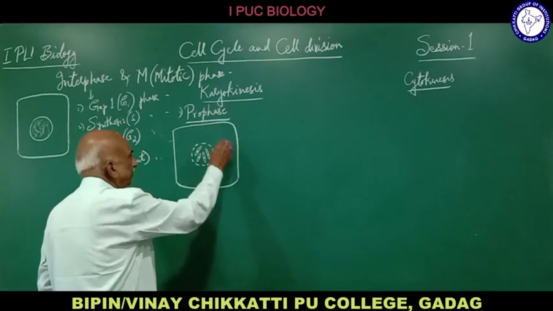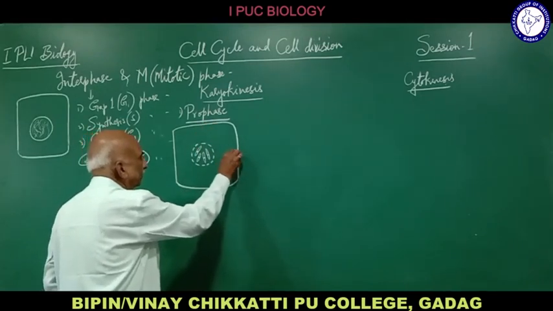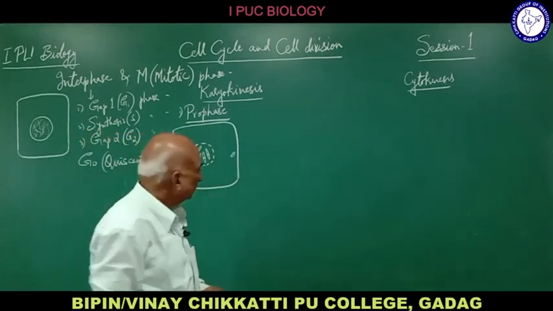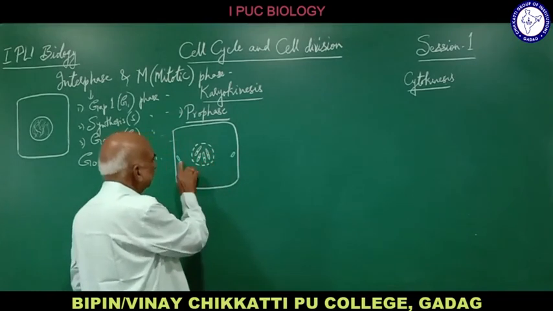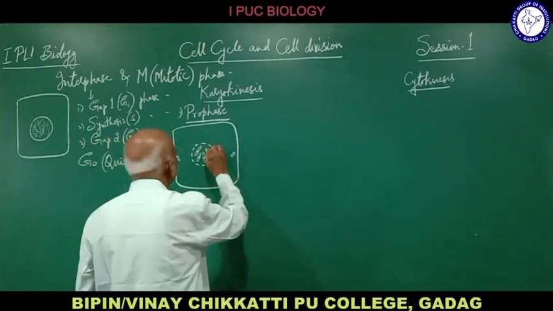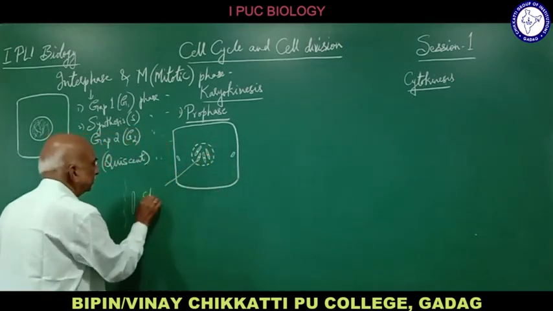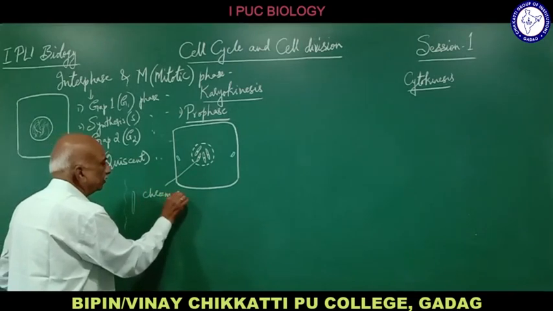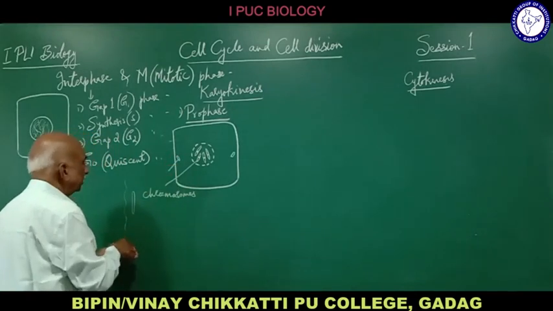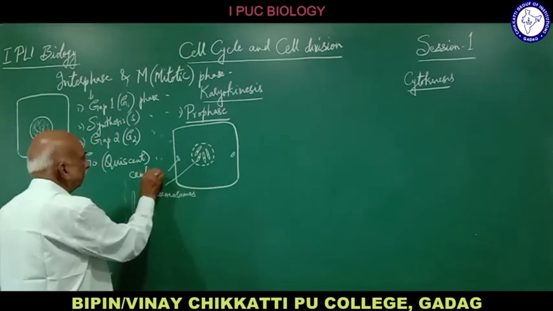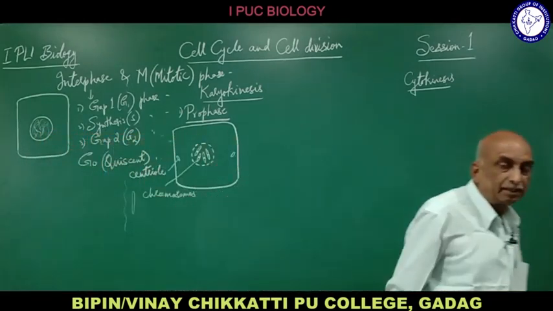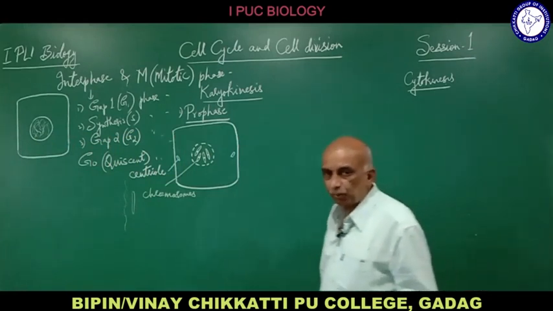Suppose this is a centriole, and these are the chromosomes; the centrioles become arranged at either end of the cell, which we call the polar ends.